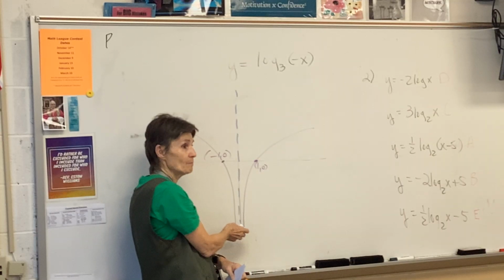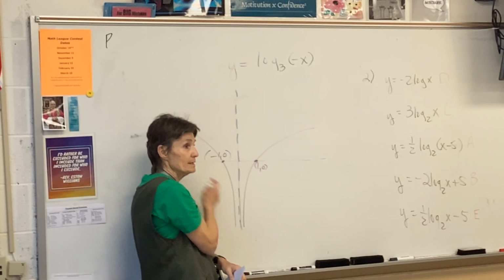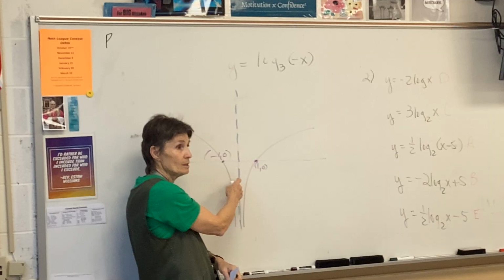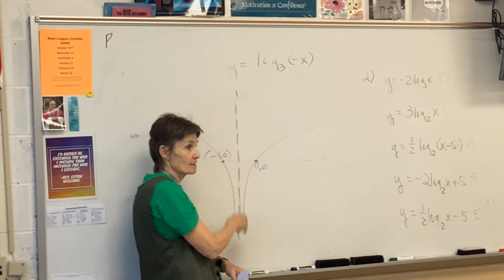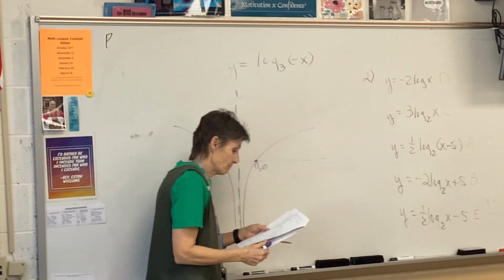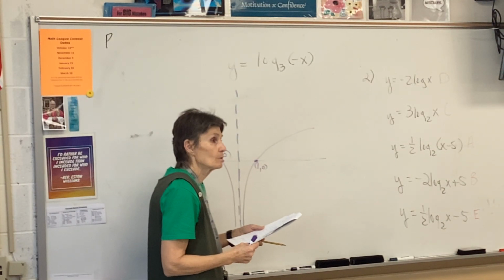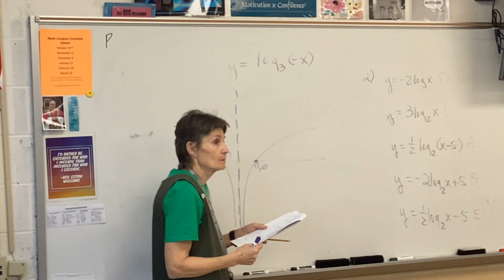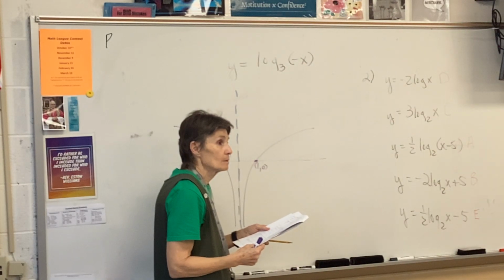What's your domain? Negative infinity to 0. And then your range is everything. Charlie? Wait, how does that work?